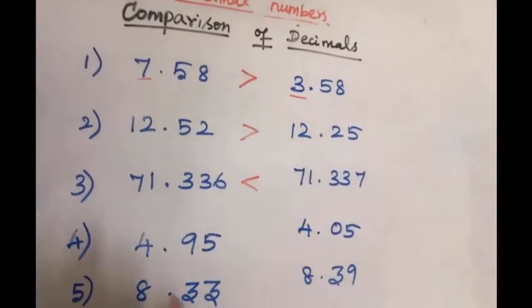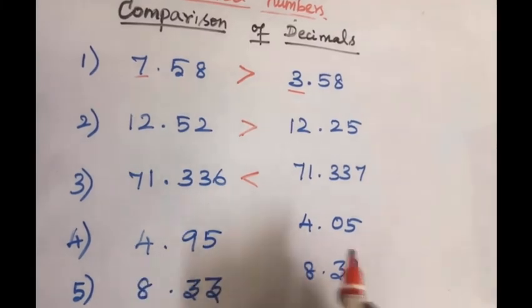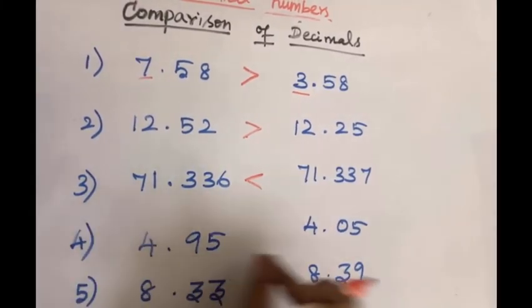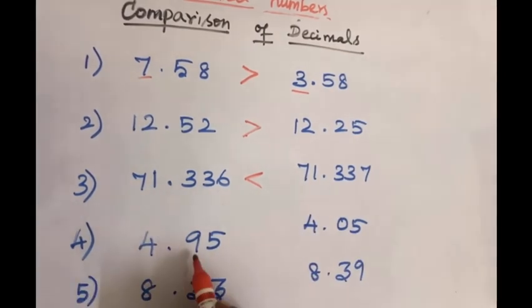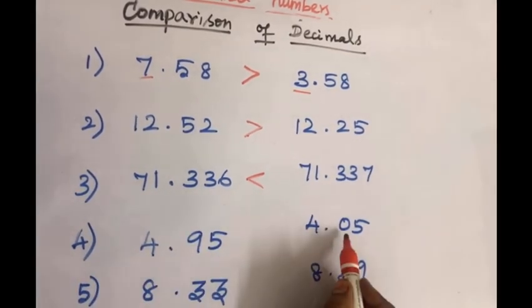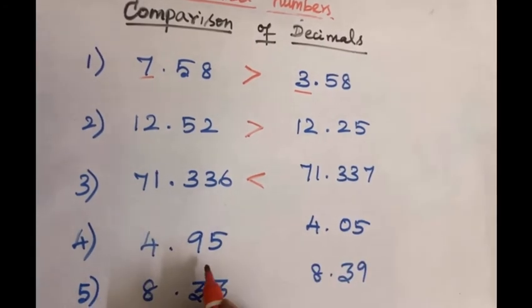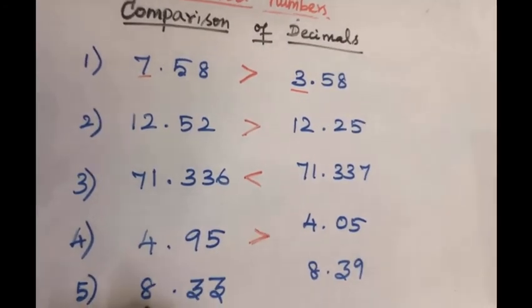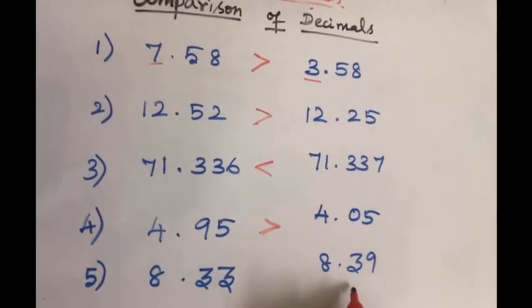Okay, so here 4.95 and 4.05. Whole number part is equal in both the numbers. So next here 9 is there, here 0 is there. So which is greater? This number is greater. Here 8.33 and 8.39. Whole number part is same.